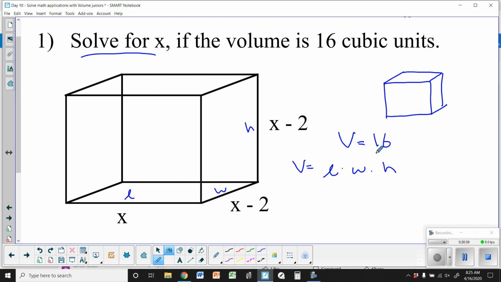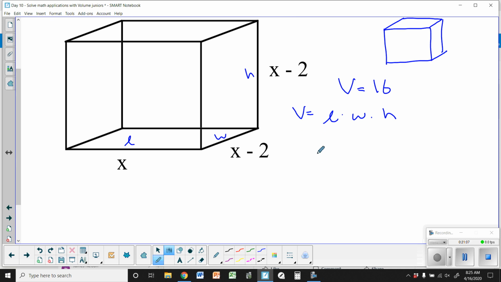So 16 equals length times width times height. We can write our length, x, times our width, x minus 2, times our height, x minus 2, equals our volume, 16. And this is really a system of equations, because here's one equation, here's another, and we're just setting them equal to each other.